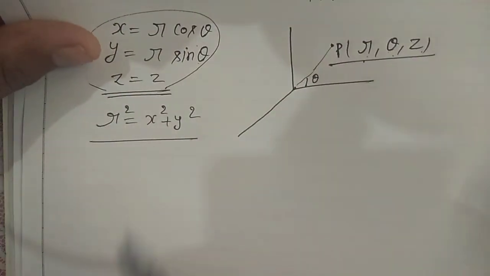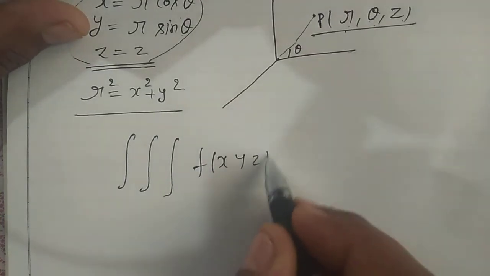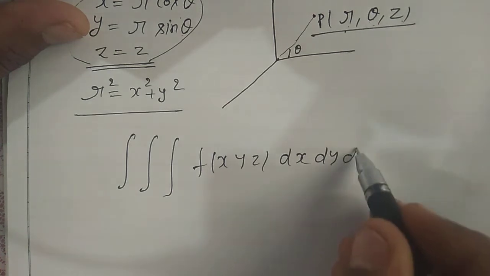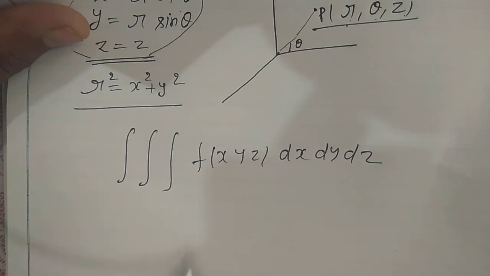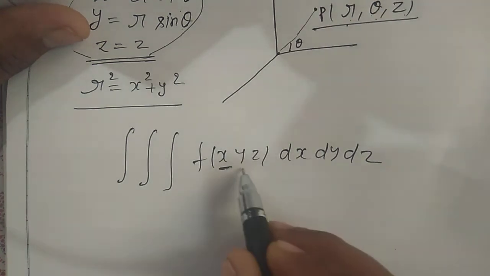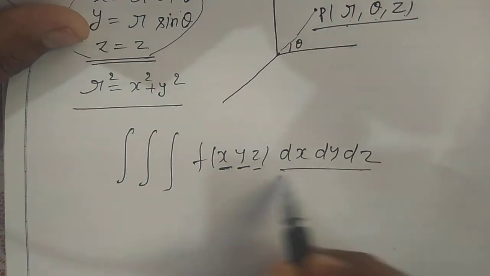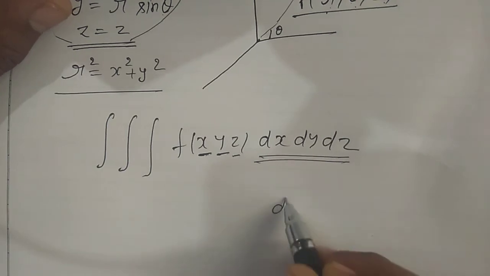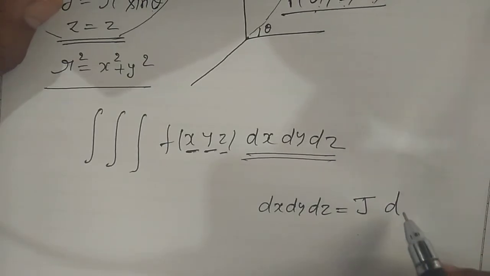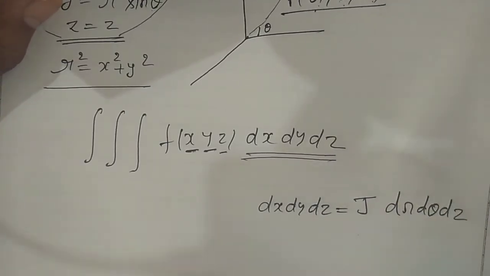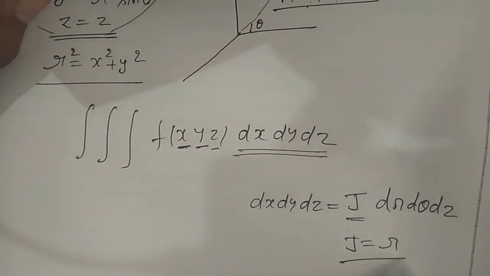Now if you have any triple integration in Cartesian coordinates like f(x, y, z) dx dy dz, how do we convert this? In the place of x we'll have r cos theta, in the place of y we have r sin theta, in the place of z we have z only, and this dx dy dz will be converted using the Jacobian. So dx dy dz will be J into dr d theta dz. Here the Jacobian is r for this coordinate system.